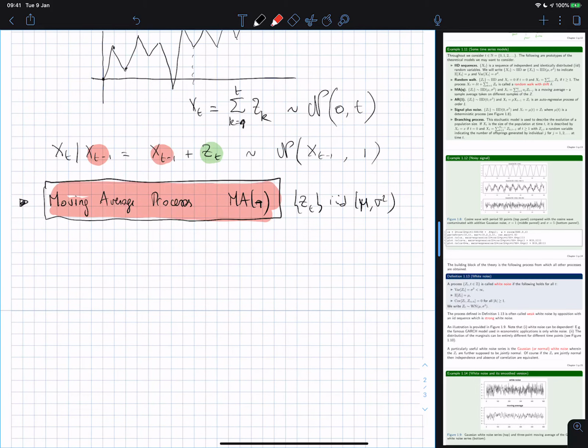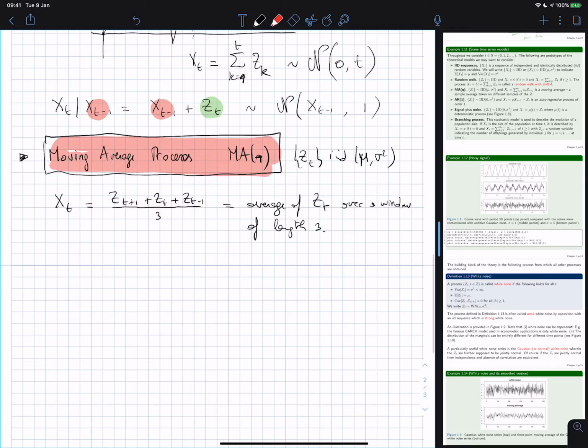Now instead of just summing the Zt's, I'll take a simpler example than in the slides: Xt is Zt plus 1 plus Zt plus Zt minus 1, divided by 3. So this is an average of the Zt's over a window of length 3.